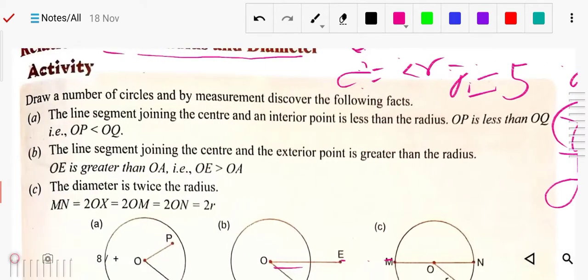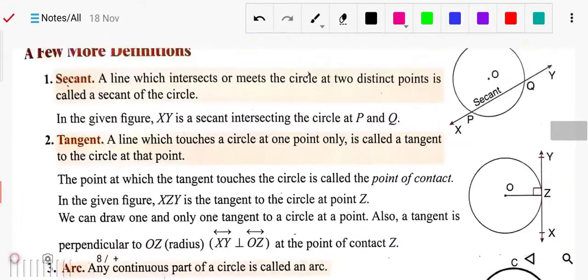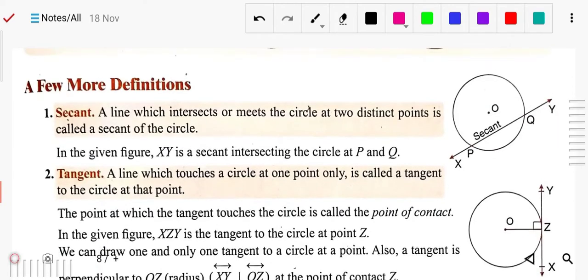Okay, now next we have a few more definitions, with some new things like a secant. A line which intersects or meets the circle at two distinct points is called a secant of the circle.